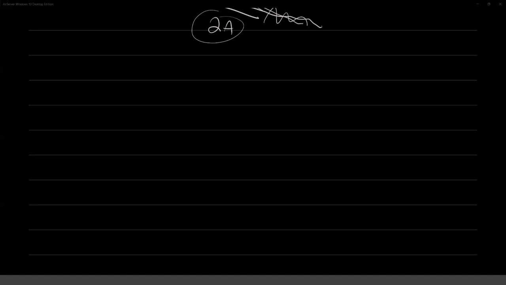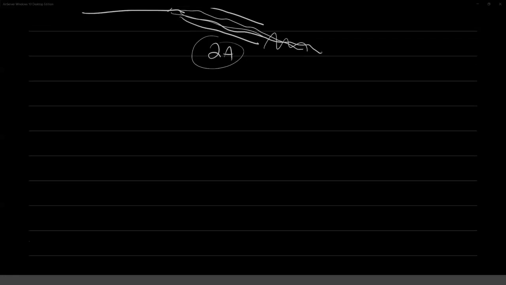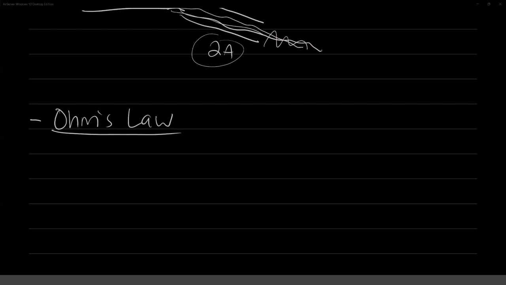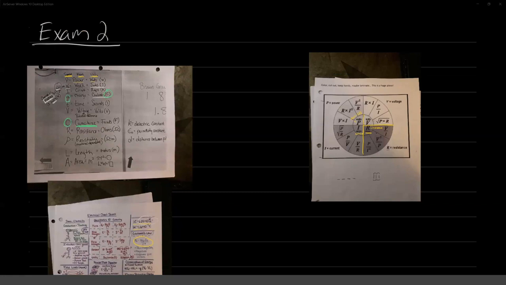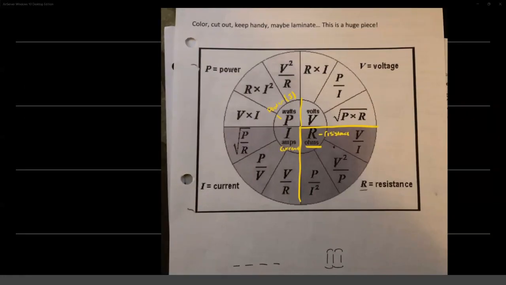And then the next important piece of information is knowing Ohm's law. So Ohm's law is basically what we've been using for the last half of the unit. It's kind of this circle up here, right? So this is kind of the main one, or I guess it would be this one.